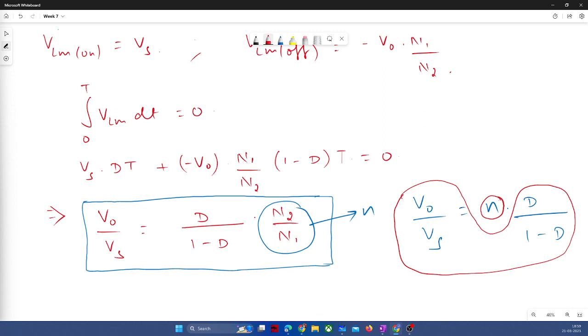So even though it is buck based, we can get higher voltage, because of the N, not because of D. There also the range is quite flexible. So in both forward and flyback, we can get a similar range of output.